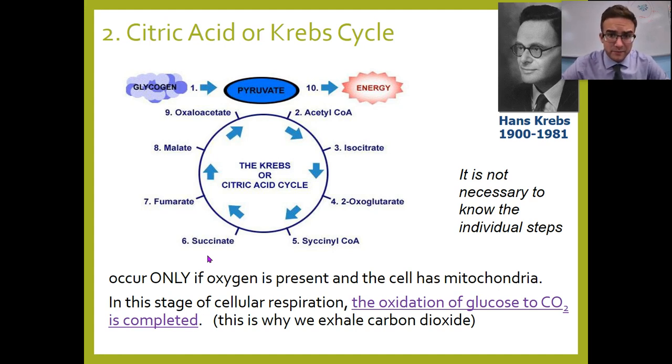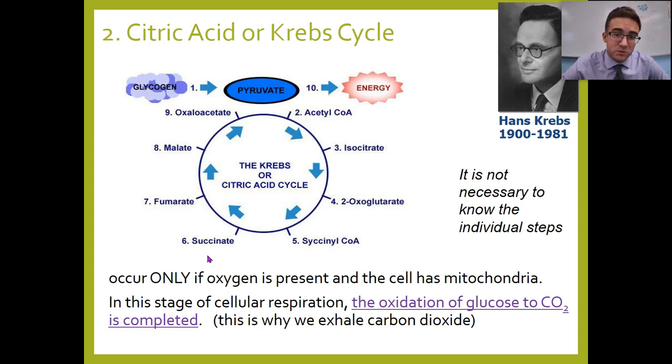As we talk about the Krebs cycle, it's not necessary to know the individual steps of this cycle. As long as you get the big idea of what goes into it versus what comes out of it, you'll be all right. So pyruvate enters the mitochondria, enters the matrix.